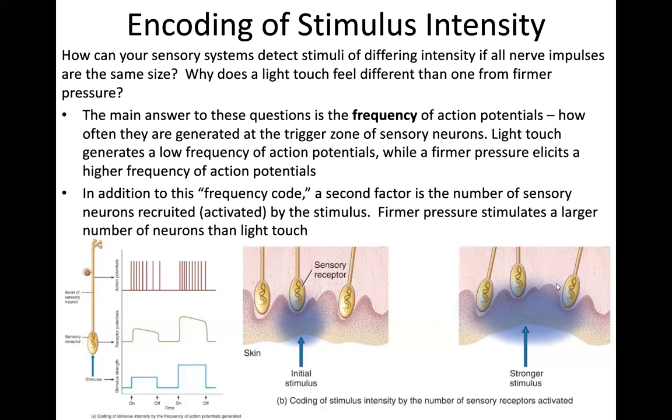And so that's how you can detect, okay, yes, this feels like really strong pressure pushed up against the skin, and this feels really light as far as touch goes. Does that make sense? Same thing could be for smell or taste. If there's a whole lot of chemical, you're going to recruit more neurons, and it's going to smell a lot stronger. If it's a really, really weak amount of chemicals, you're probably just going to barely smell it.